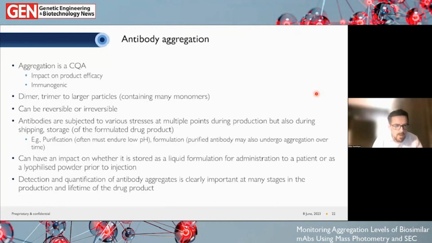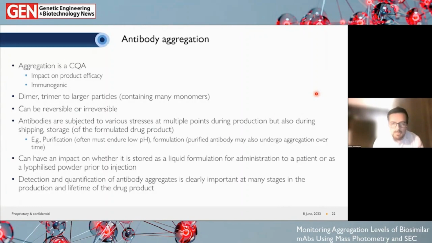Typically, where purification is concerned, at least one of the steps will involve a protein A affinity chromatography column, and to elute the antibodies from that column, the elution would take place at a low pH, typically a pH of 3 to 4. That's quite a low pH, and exposure to it potentially increases the risk of aggregation because it does stress the antibody.